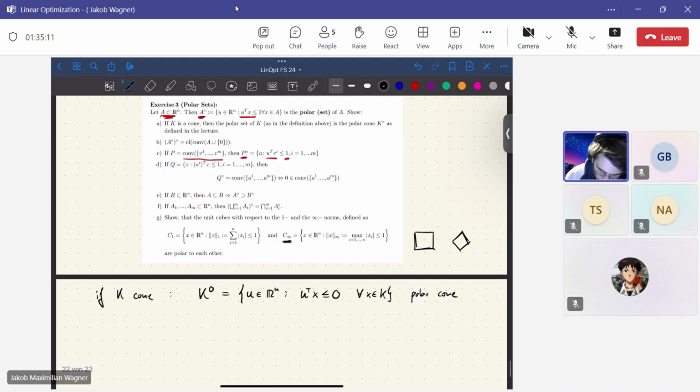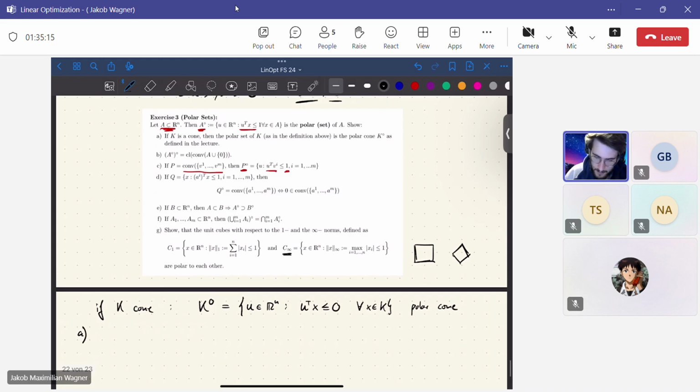Okay, so first let's see that for cones we actually don't break anything by doing the 1 here. It's obvious to see that if we work with this definition as in the lecture, and we have here less or equal than 0, we obviously also have less or equal than 1.